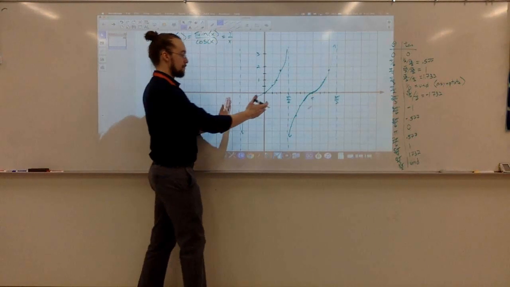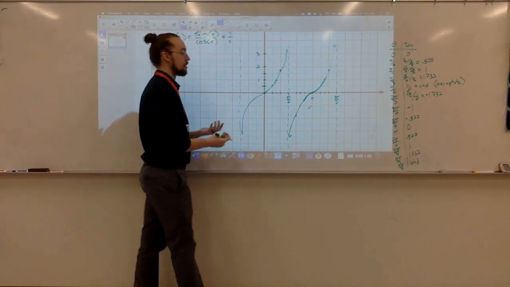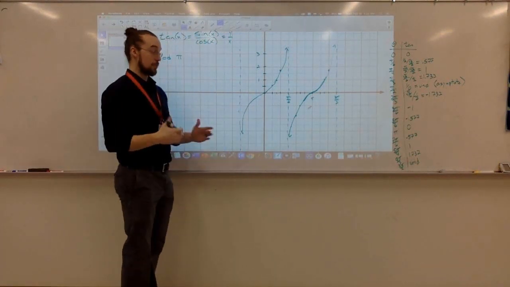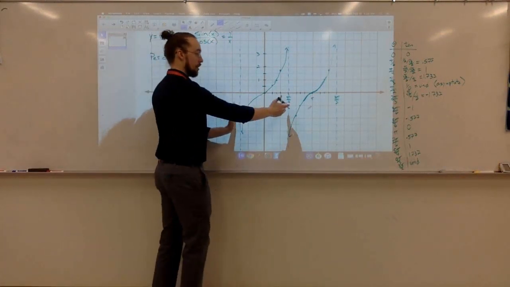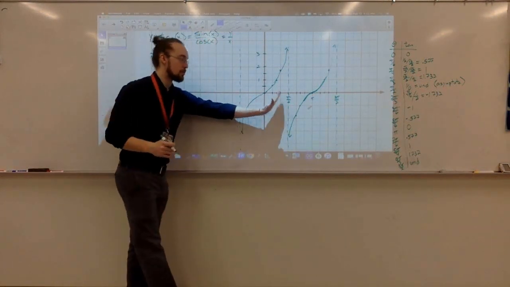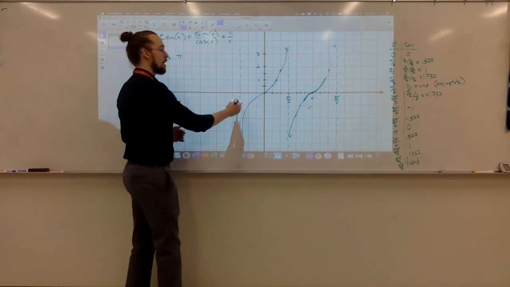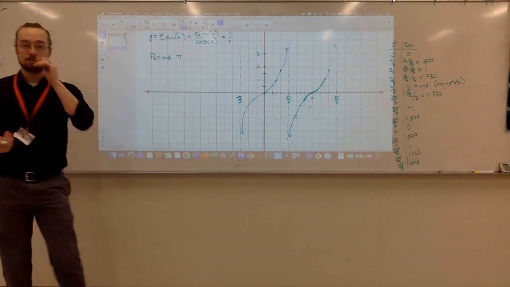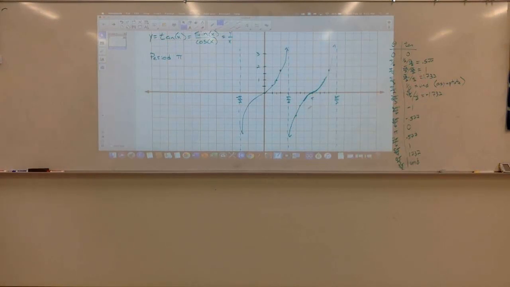Now, this is actually the period that we usually look at for tangent. So we're thinking about this as a distance of pi. I know one of my asymptotes is at pi over 2. If I go a distance of pi in this direction, that'll be negative pi over 2 for that asymptote.